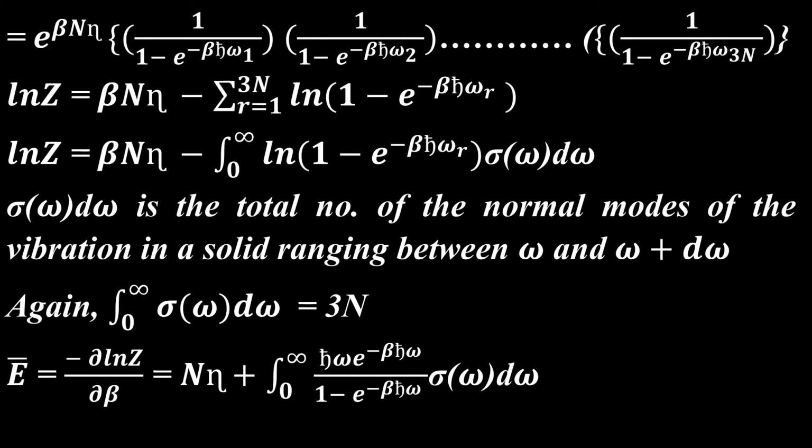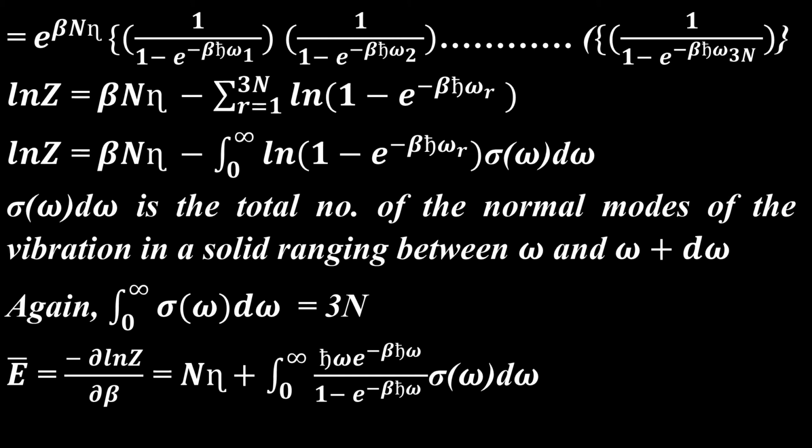Taking ln on both sides we get ln Z equal to beta n eta minus summation of r equal to 1 to 3n ln (1 minus e to the power minus beta h cut omega r).